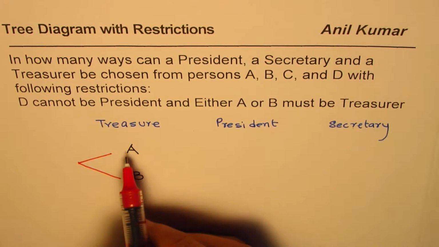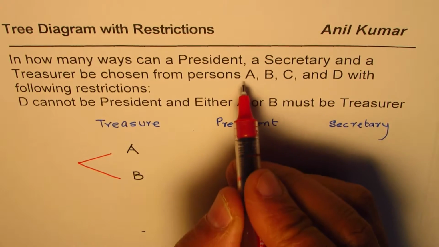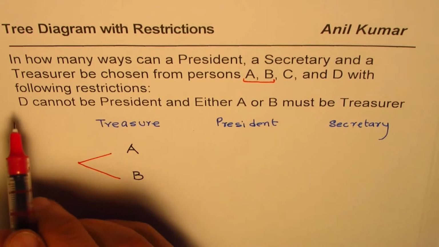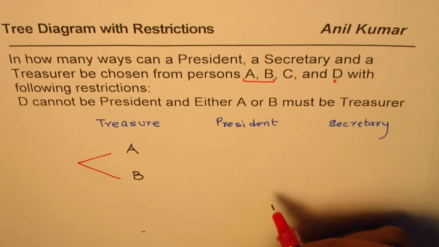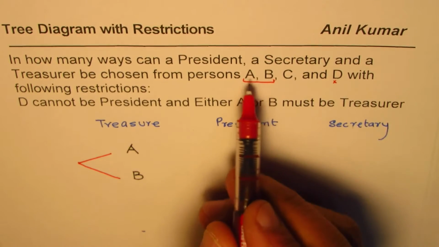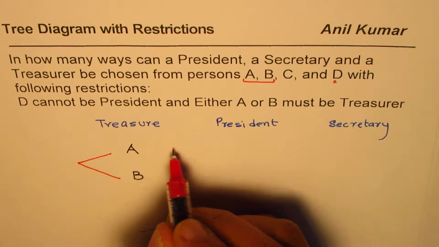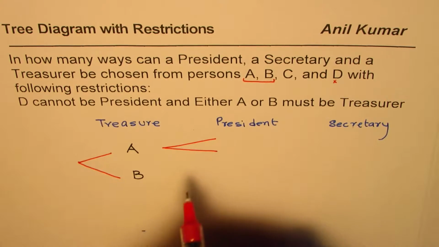Now once we have selected a treasurer, that means we have already selected one of these 2. And we know that D cannot be president. So for president this candidate is not there. So we have a choice between C and the one of those which has not been selected, correct? So there are 2 possibilities here for president, right? So we'll write down both the possibilities one by one.